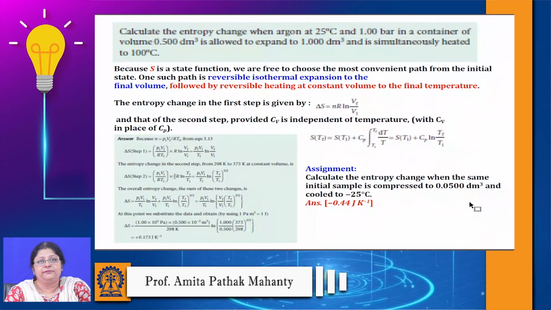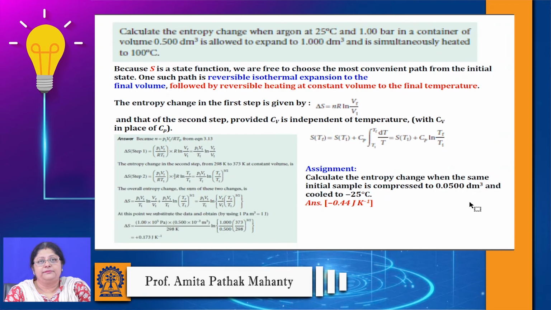Since entropy is a state function, we can choose a convenient path from the initial to the final state. So the first path we consider, for the entropy change associated with argon at 25 degrees centigrade at 1 atmosphere in a container of 0.5 dm cube that is expanded, let us first take up only the expansion part.